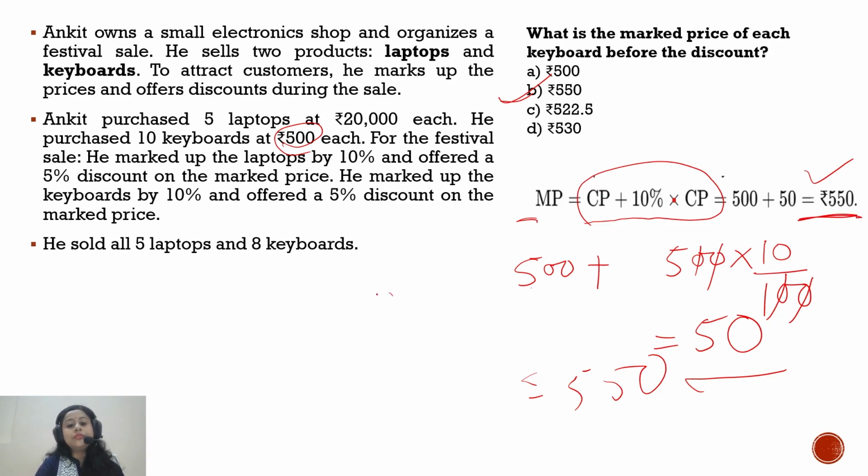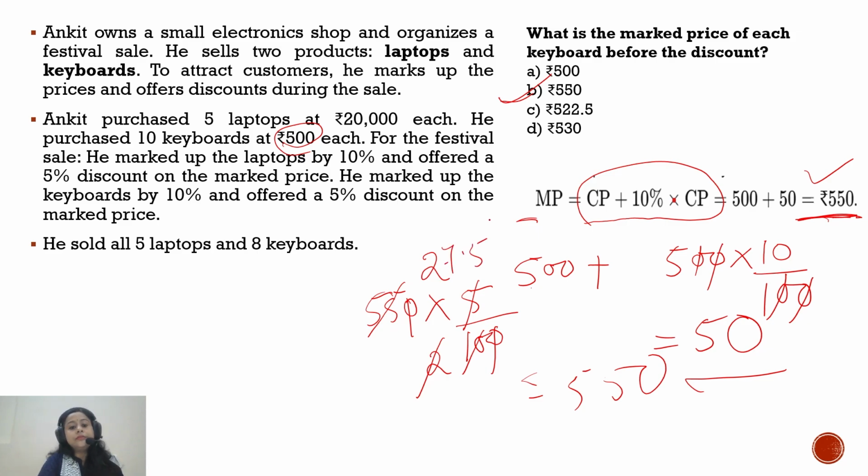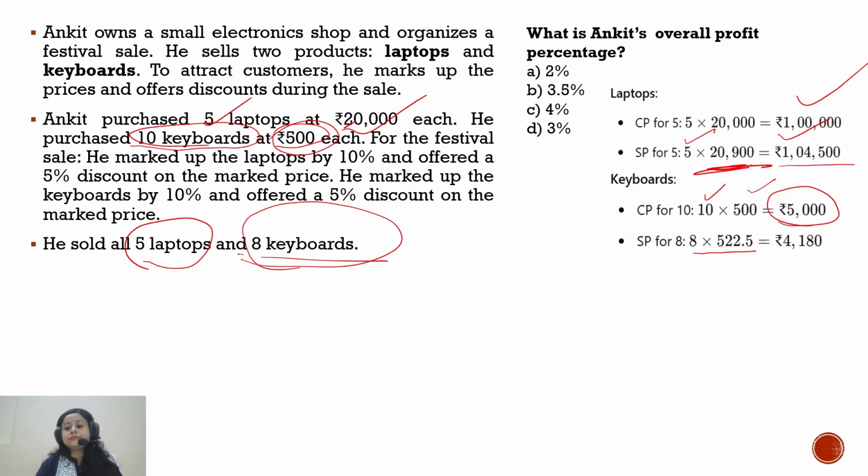It is the same approach. Since the marked price is 550, over this 550 you have to provide a discount of 5%, which is 27.5.